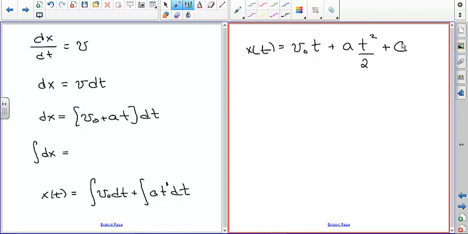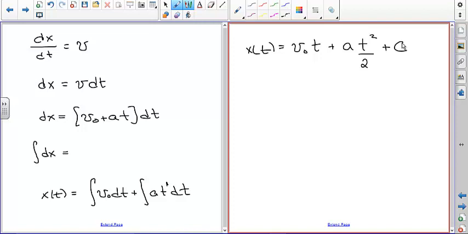So again, a constant, we say you can pull that outside of the integral sign. Then we have the integral of t to the first power dt, add 1 to the exponent, you get 2, divided by the new exponent, which is 2. So that looks pretty familiar too, doesn't it? v0t plus 1/2 at squared.